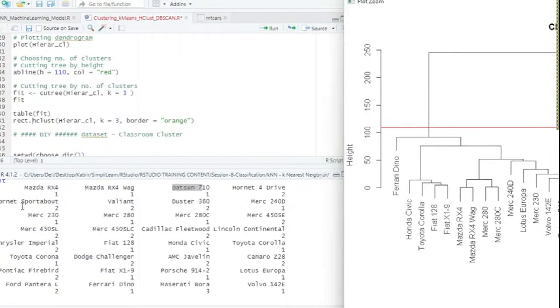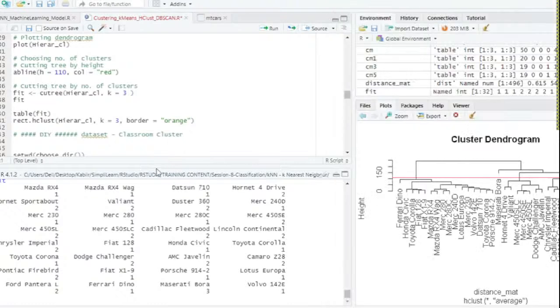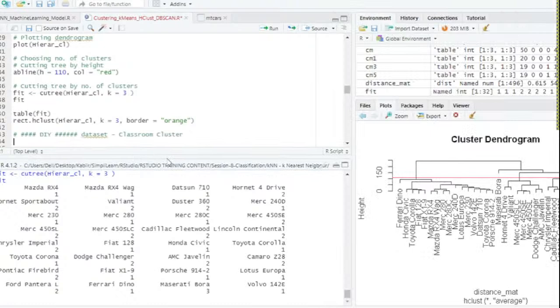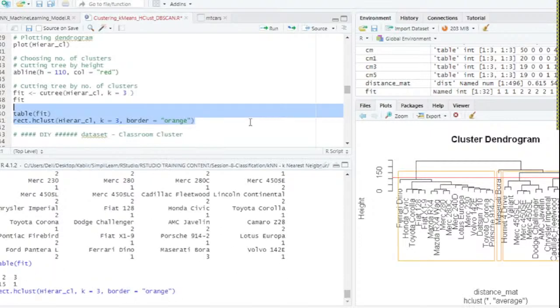Hornet is also in cluster 2. Merc 230, there you go, right? So these have been clustered. I'm just putting a border around the three clusters.